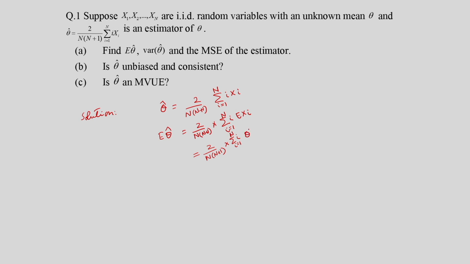Theta is common everywhere. So this summation is n into (n plus 1) by 2. So 2 by n into (n plus 1), into (n plus 1) by 2, into theta. So this will be equal to theta. Therefore, theta hat is unbiased.